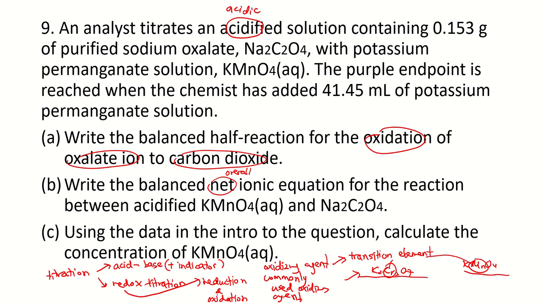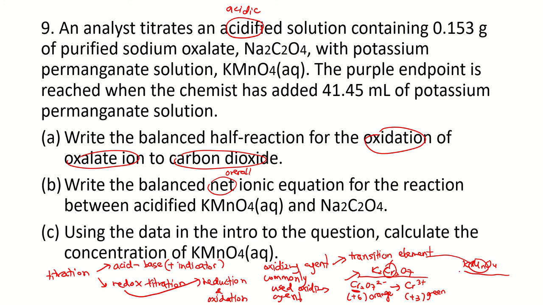So the dichromate ion is going to reduce into Cr3+ ion. In this dichromate ion, the oxidation number for chromium is +6, so it is going to reduce to +3. While the dichromate ion is at +6 oxidation number, the color is orange, and it will turn green when it is reduced.